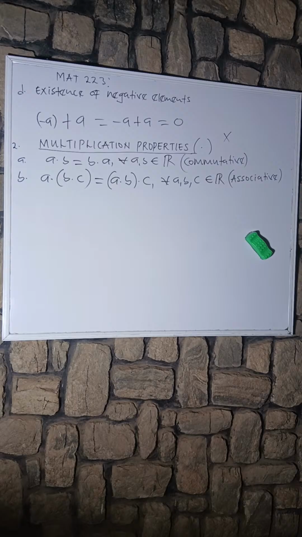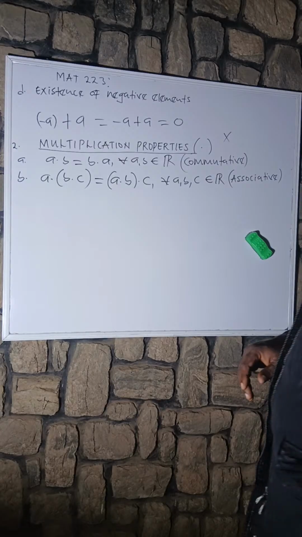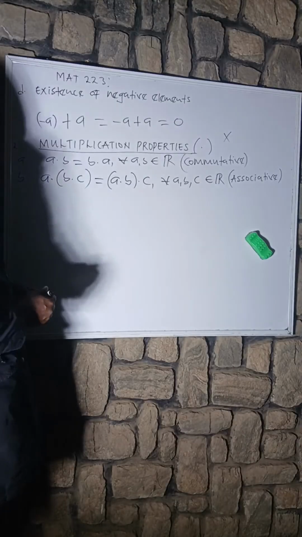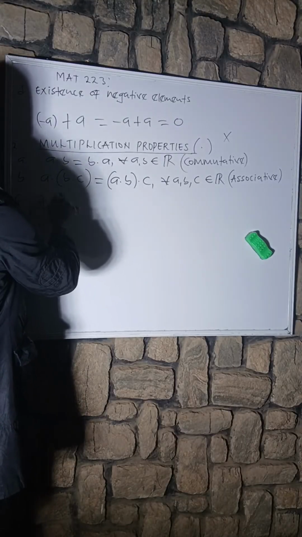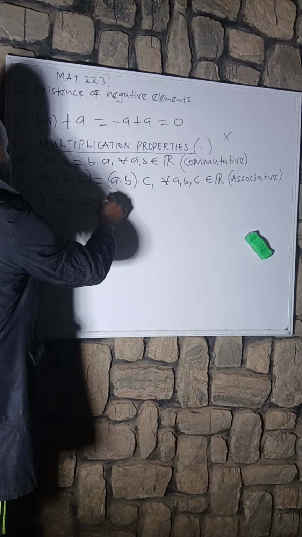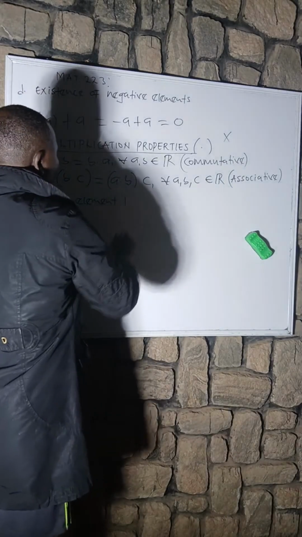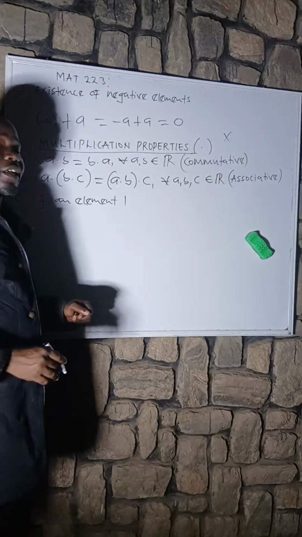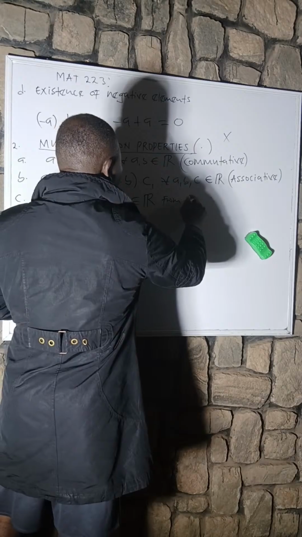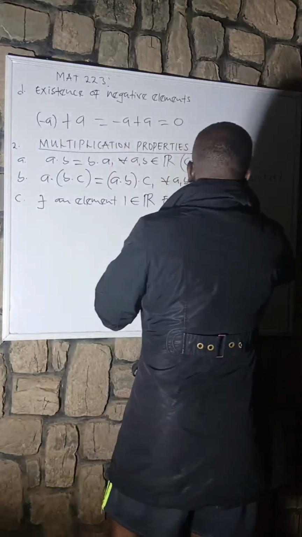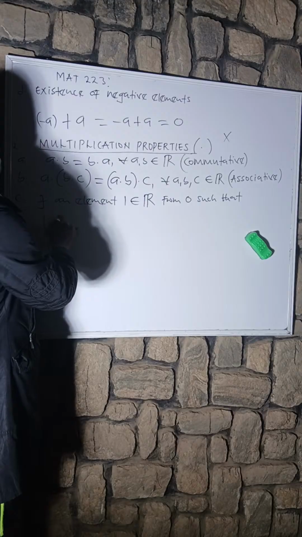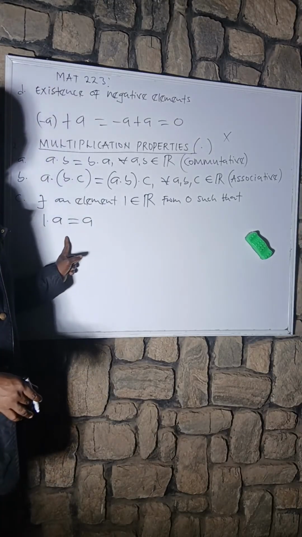Okay, let us exhibit the identity law, that is C. If there exists an element 1 contained in the real numbers, different from 0, such that 1 times a is equal to a, true or false?